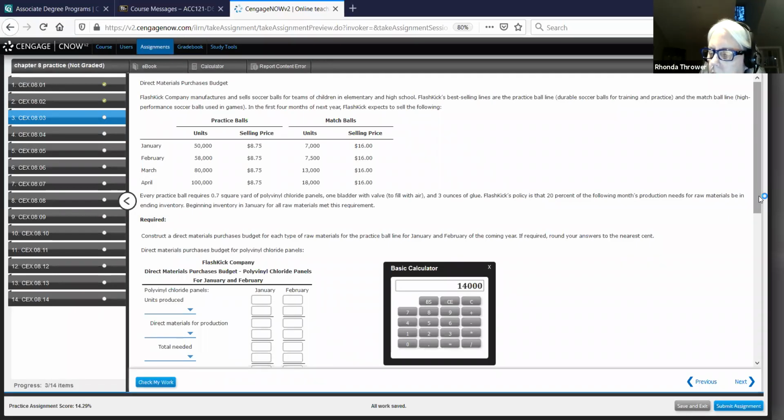All right, so for January, then our practice balls would have been 58,500. So I'm going to put that in my calculator. And then we're going to add to that 8,100 balls that were our match balls for January.